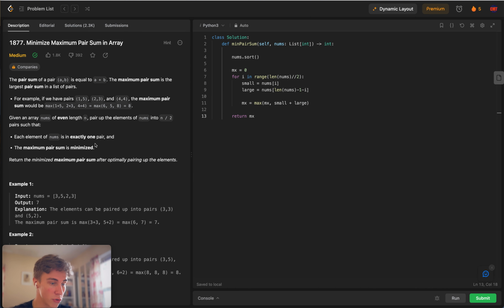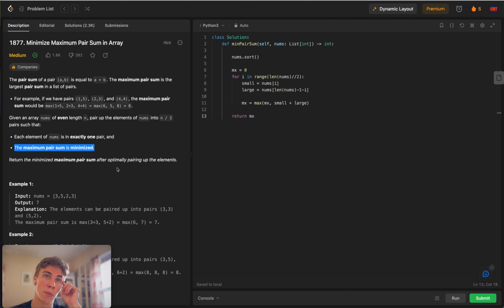But I'm still tripping up about how to properly convey this. If the maximum pair sum is minimized, all that means is I want to minimize the sum of all the pairs, as much as possible. Does that make sense?